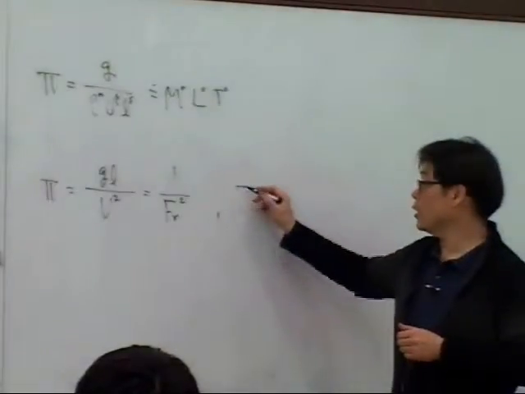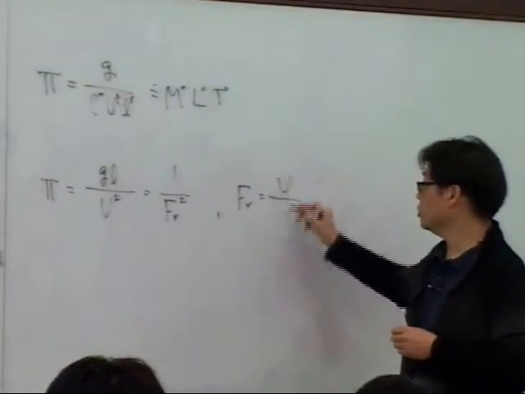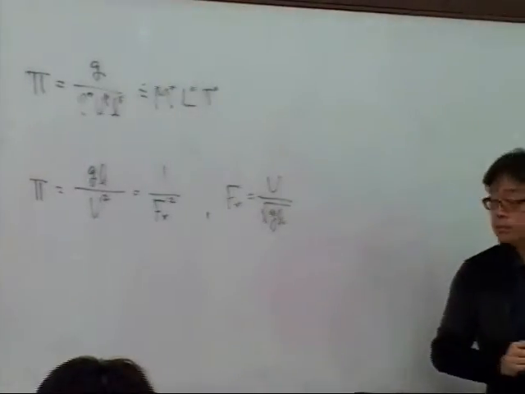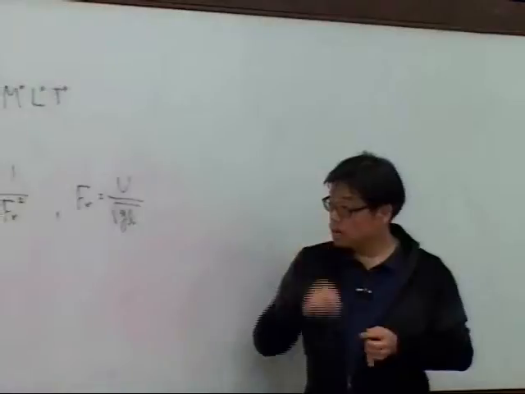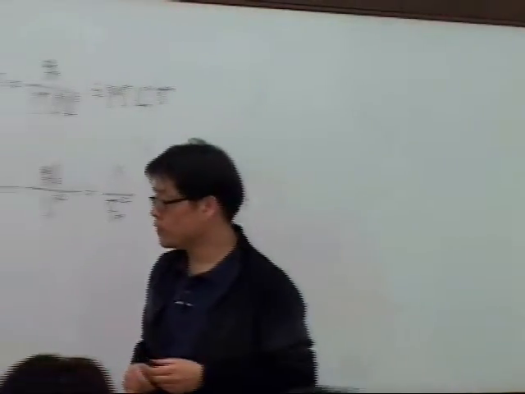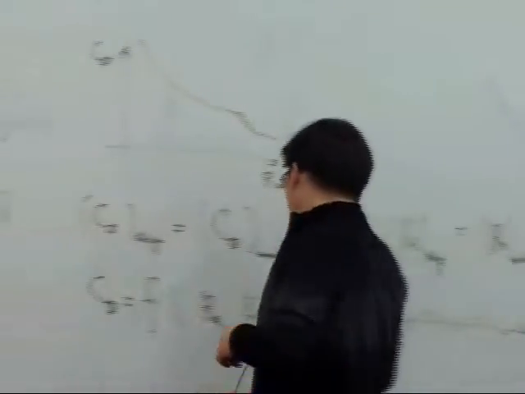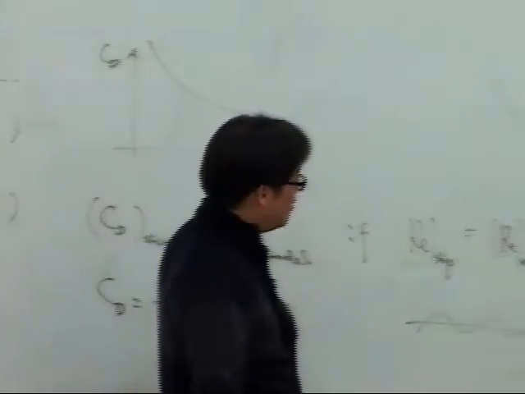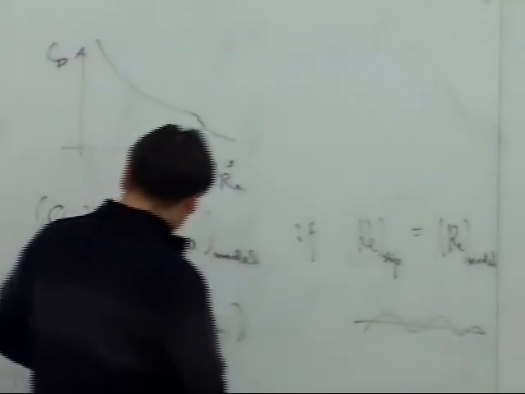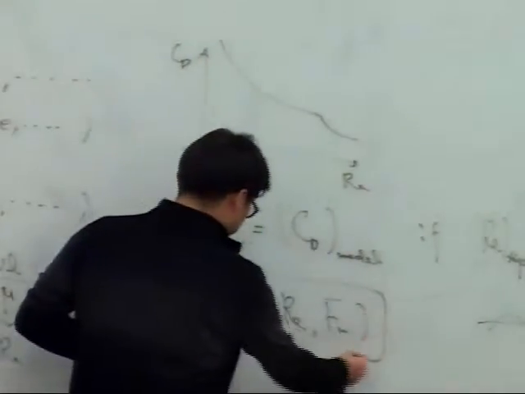So here, Froude number is defined typically as U divided by the square root of G L. So as I said, drag coefficient not only depends on Reynolds number, but also depends on 1 over Froude number squared, or Froude number. So that's what I wrote here.